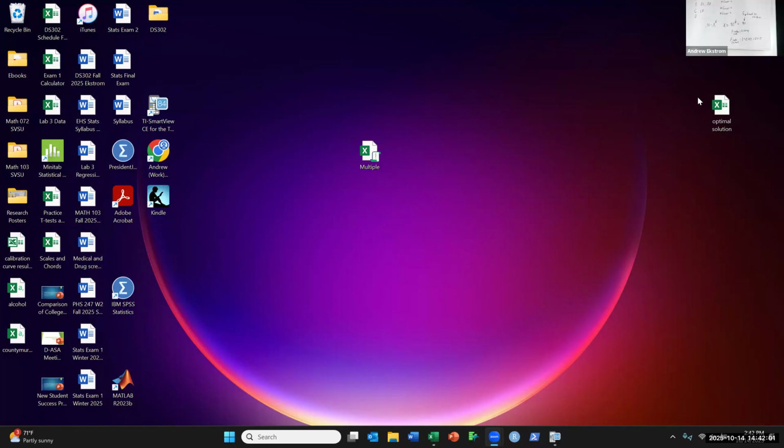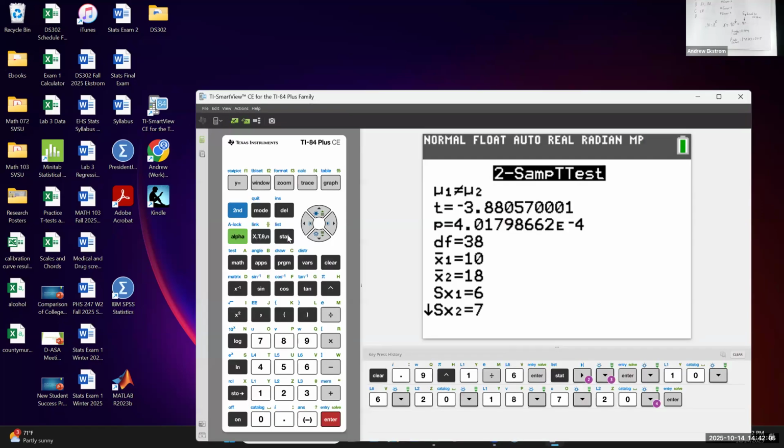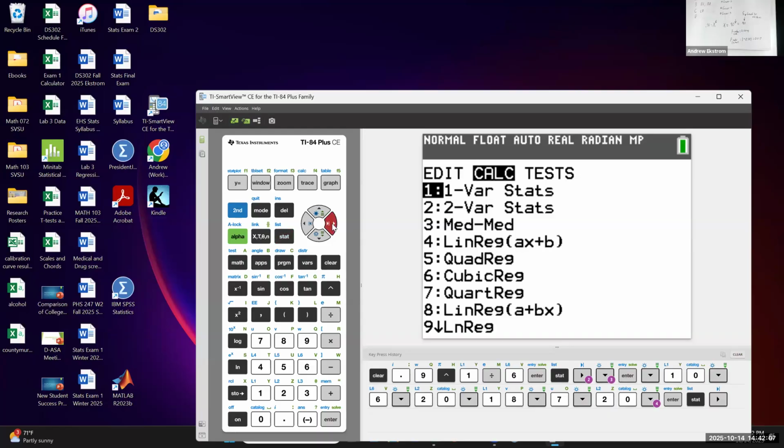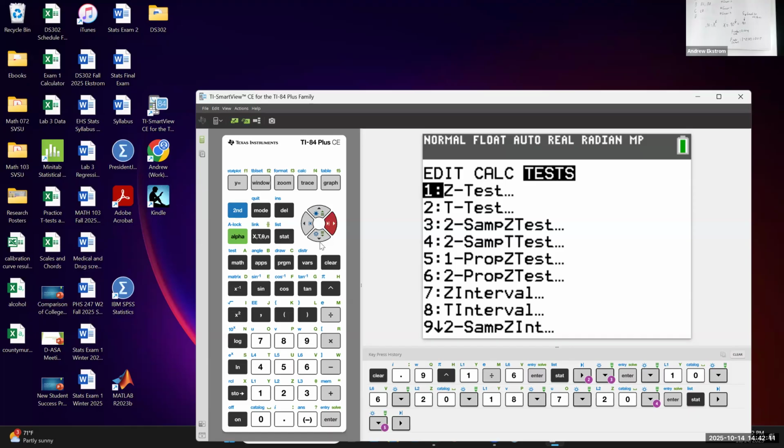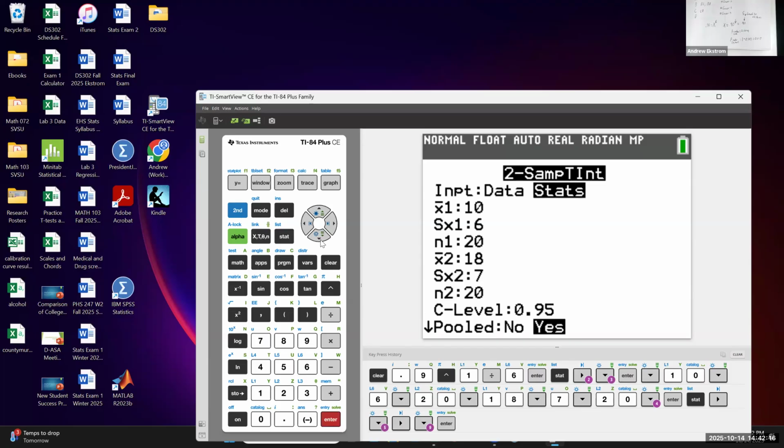that I gave you. If I want to do the confidence interval, go back to stat. Oops, gotta go to tests. Two sample t interval. All my information is going to stay the same except the new confidence level that I need here is going to be 0.983.